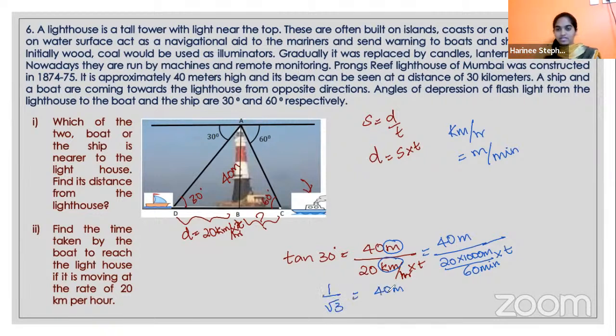So 40 meter divided by, you can simplify here itself, 1000 meter per minute upon 3 into time taken. So simplify everything, bring time to the left-hand side.